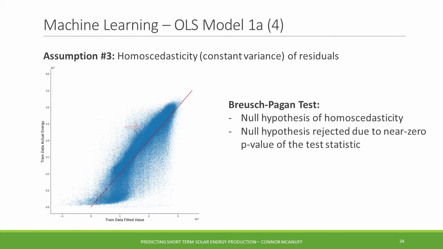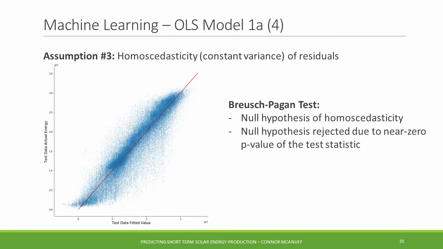At higher energy values, fitted values are consistently lower than actual. The Breusch-Pagan test confirms through the rejection of the null hypothesis that the residuals do not have constant variance. Lastly, the linear regression model predicts negative values, when in reality it is not possible to have negative solar energy availability. The test data show the same trend with the same conclusion.